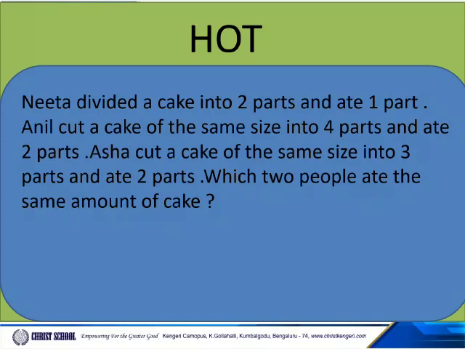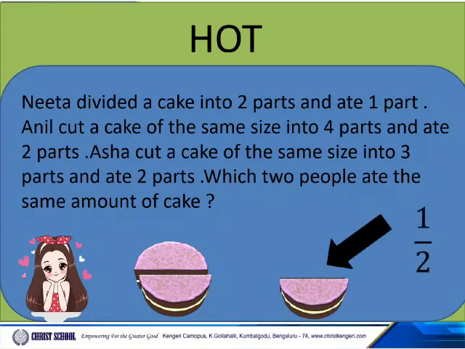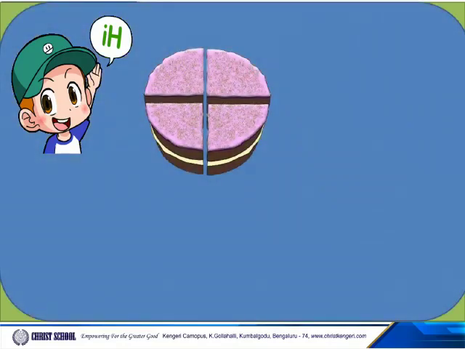In this problem, you have to observe that all 3 of them had the same size of cake. So Neeta divided the cake into 2 parts and ate 1 part. So the fraction here is 1 by 2. Neeta ate 1 by 2 of the cake. Anil cut a cake of the same size into 4 parts and ate 2 parts.